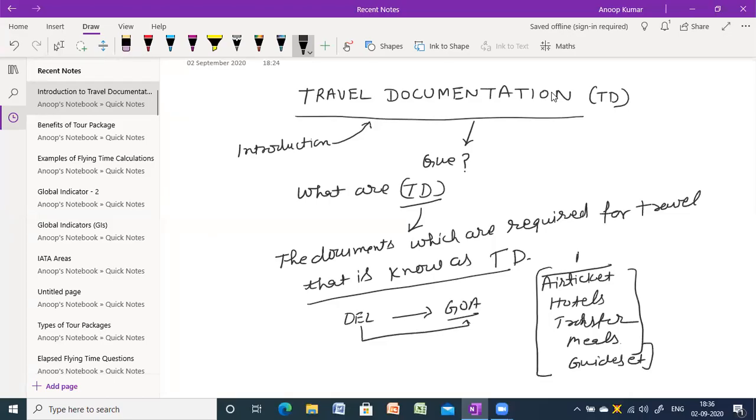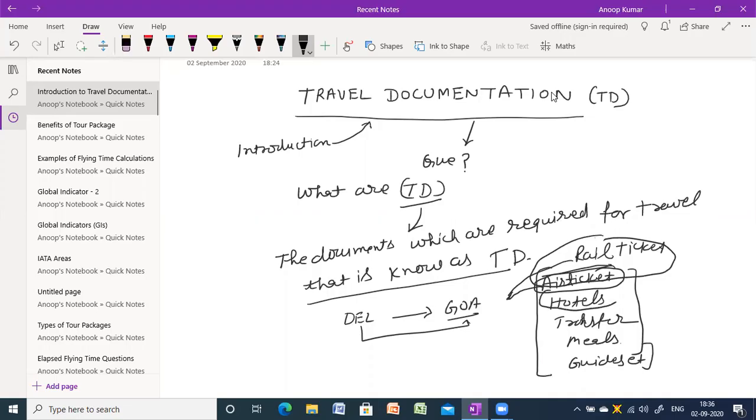You can go to Goa by train also. So you would have a ticket of railway or a ticket of air in your hand, either an e-ticket or a paper ticket. As far as airlines are concerned, you would have the e-ticket with you. If you are traveling by rail, you may have an e-ticket as well as a paper ticket.